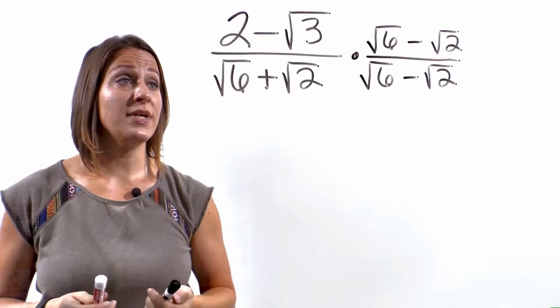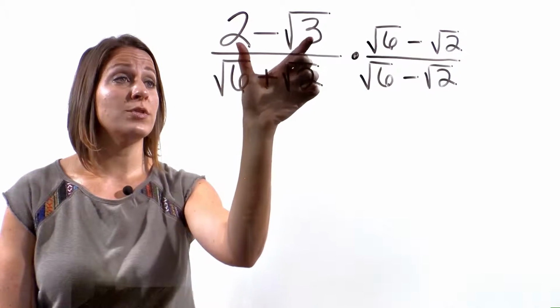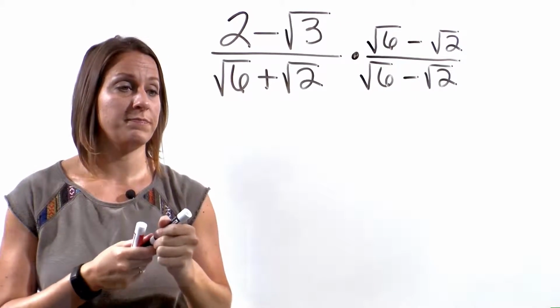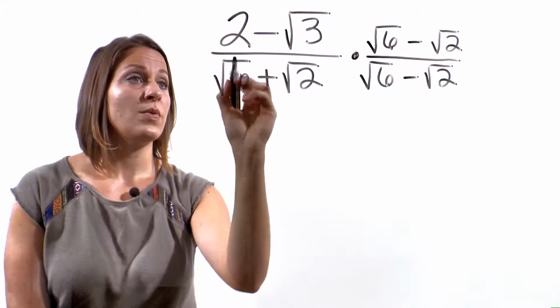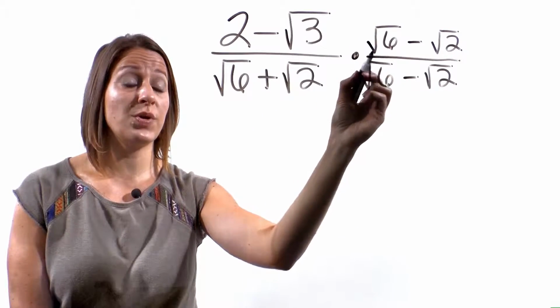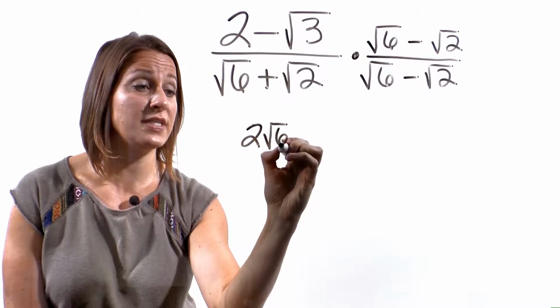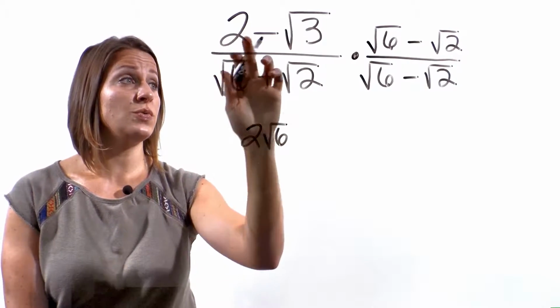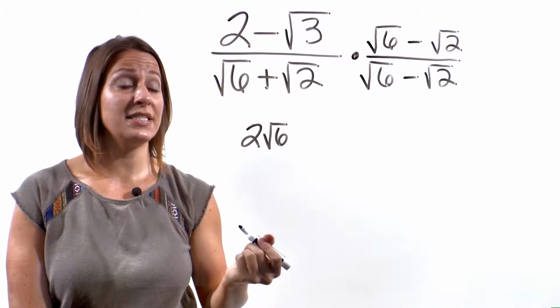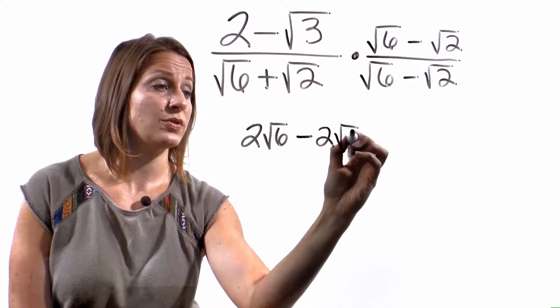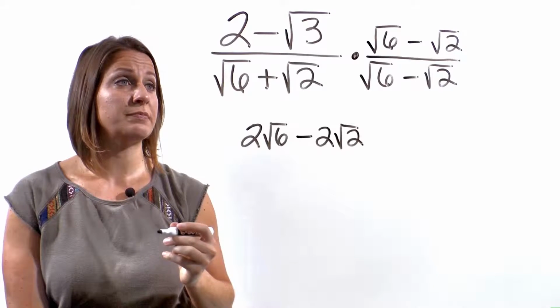Okay, now we're ready to multiply. We're going to multiply this top binomial times this one. We have 2 times the square root of 6, which will just be 2 square roots of 6. 2 times negative square root of 2, which is minus 2 square roots of 2.